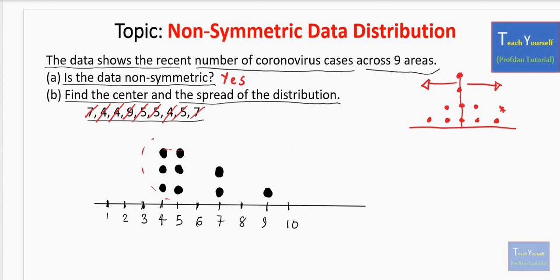So the question now is, for a non-symmetric data distribution, how do you find its center and spread? Remember, for a symmetric data distribution, to find its center, you use the mathematical concept mean. And to find its spread, you use what we call the mean absolute deviation.